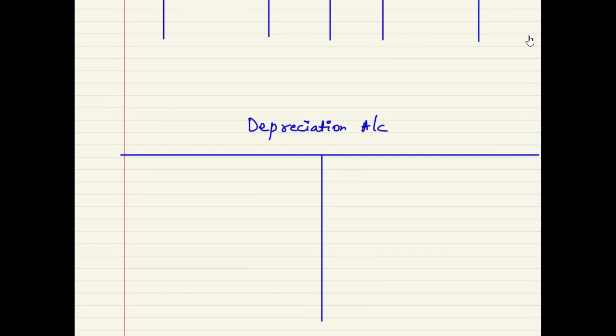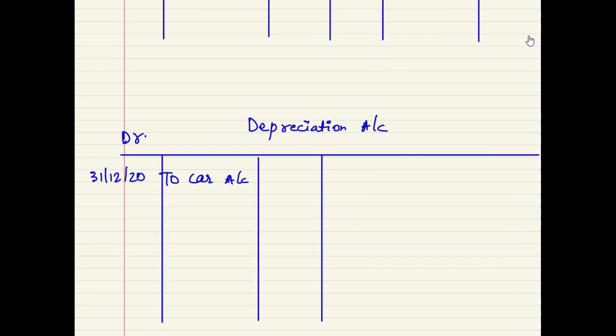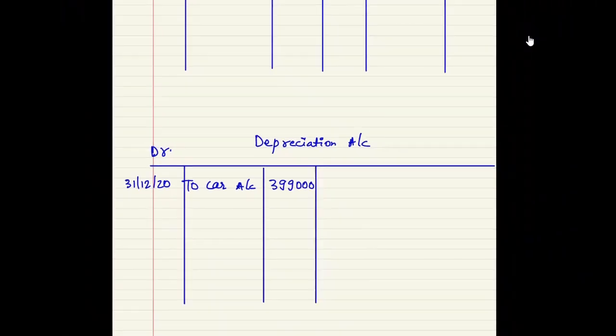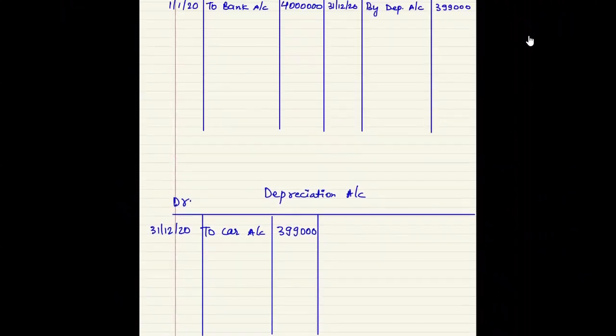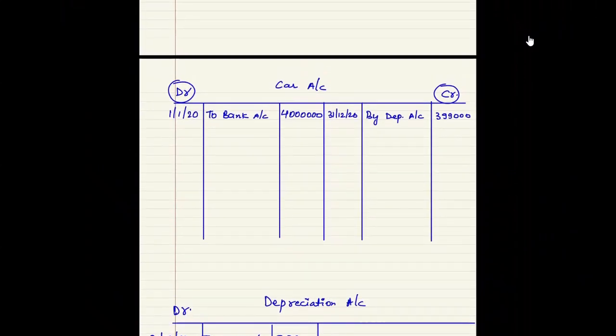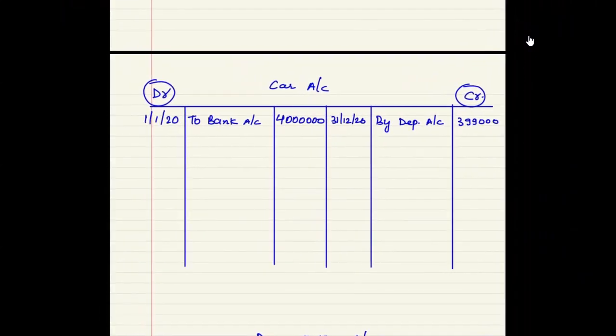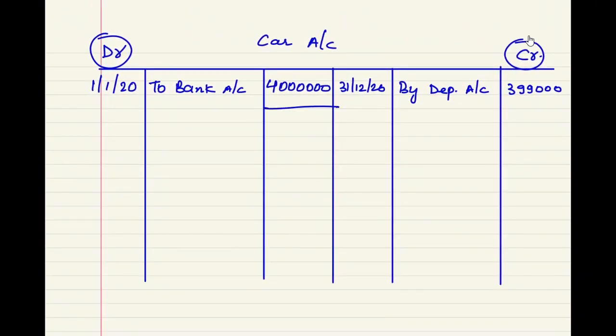Okay. So on 31st of December 2020, depreciation expense account will be debited because it is an expense. By how much amount? 3,99,000. So if I want to close my books of account, what is the balance left in my car account? Right now, on the debit side, you can see I have 40 lakh rupees as a total.